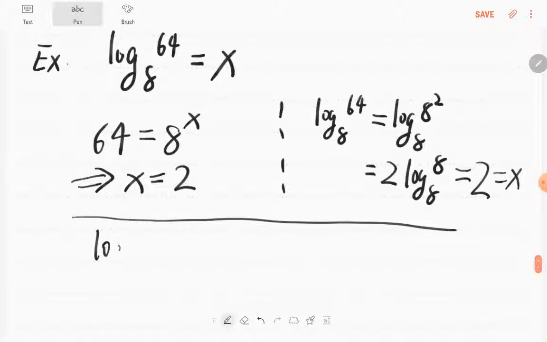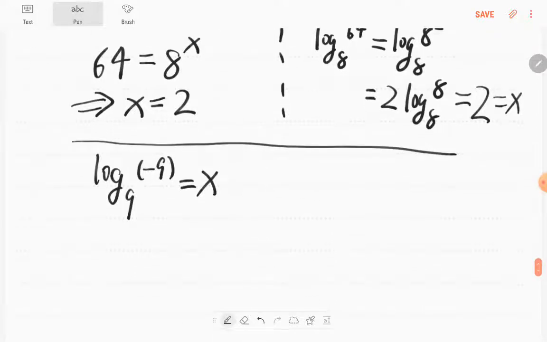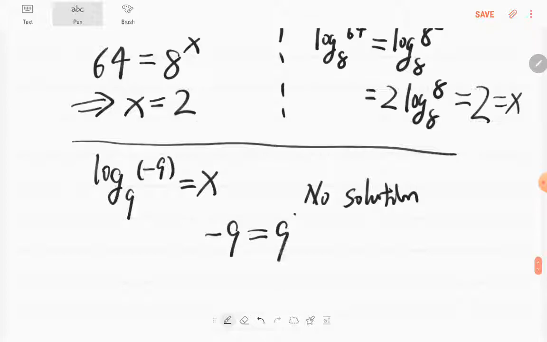Another one, log 9 of negative 9 equals x. What is x? I would say there is no solution, because there is no way to get 9 to some power x equals negative 9.